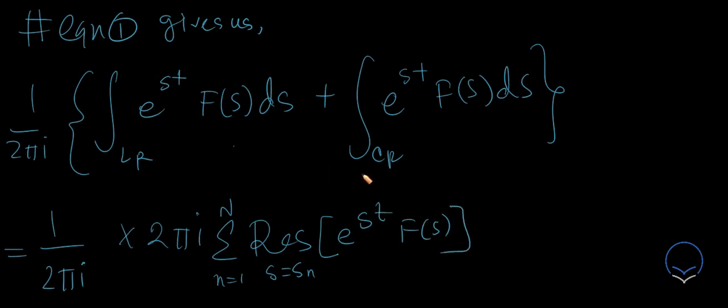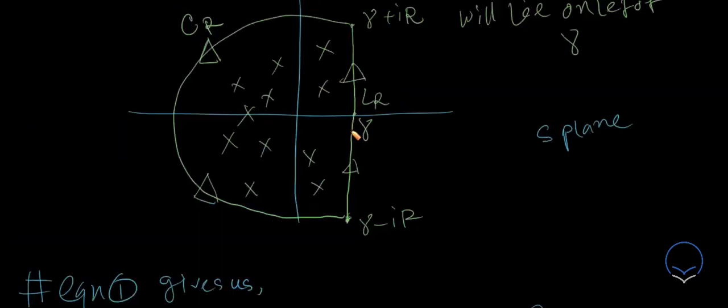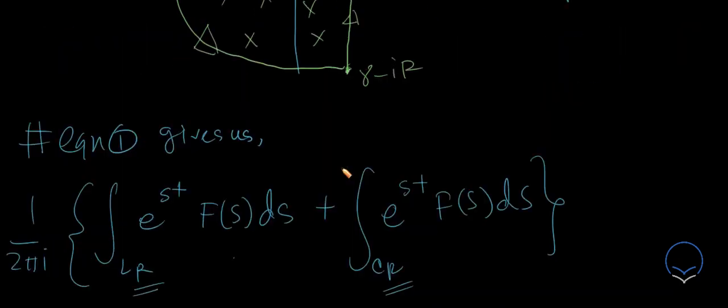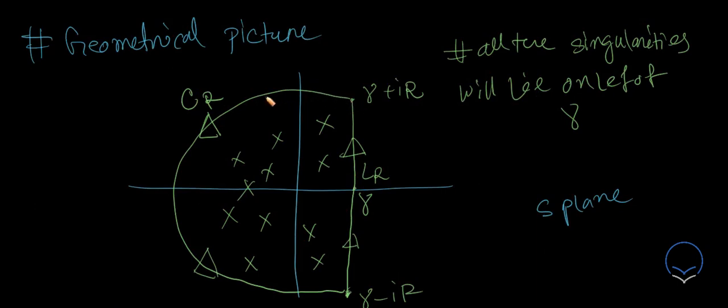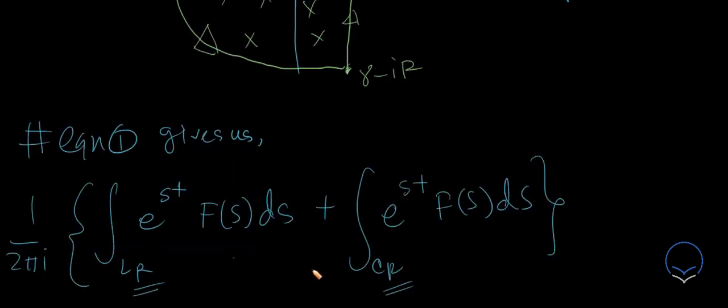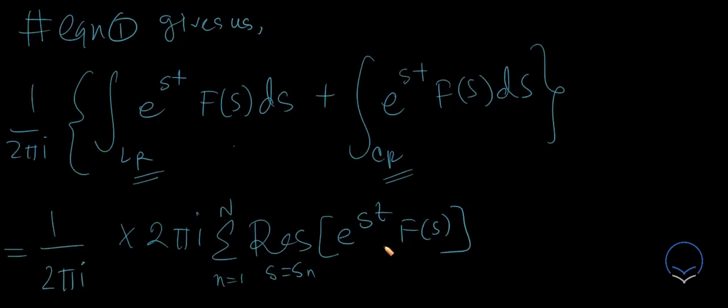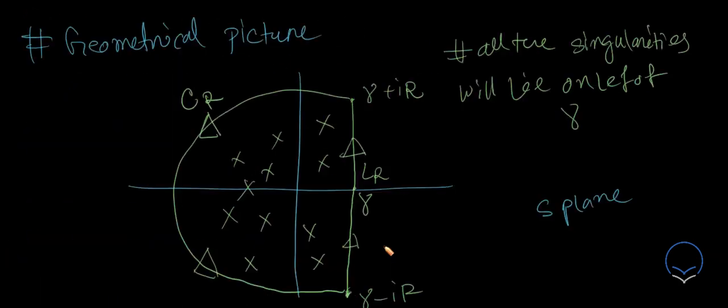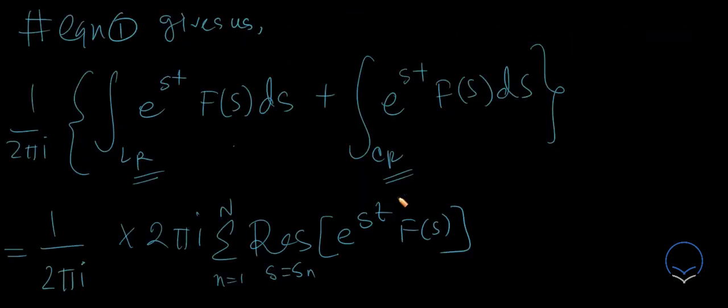Okay, then you have to write this whole integrand over here, e to the power st F(s). Now there are two parts of it. One is this L_R part, another one is this C_R part, right? And usually when R goes to infinity, we have seen that the contribution on the semicircle goes to 0, even though that's not always the case. But it can be proven in general that for inverse Laplace transformation, that means for any Bromwich contour, for any function F(s) that has a finite number of singularities, the contribution coming from the semicircle will go to 0.